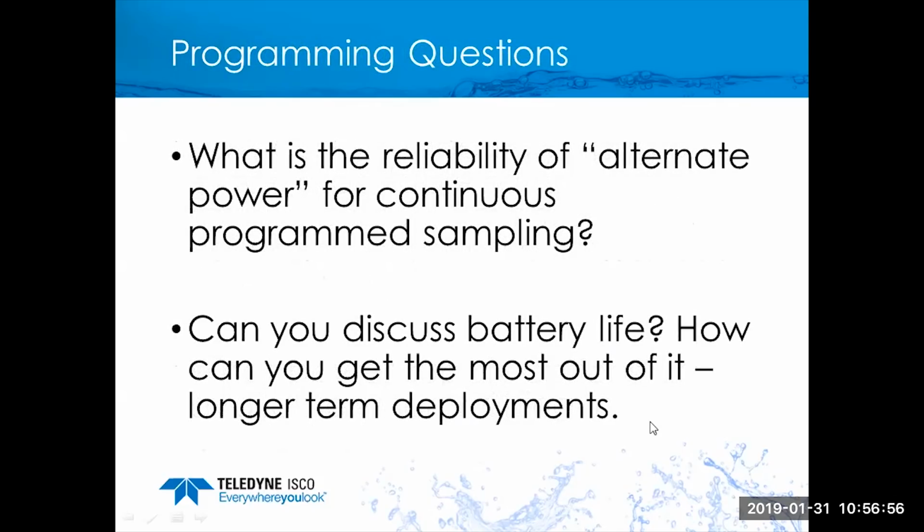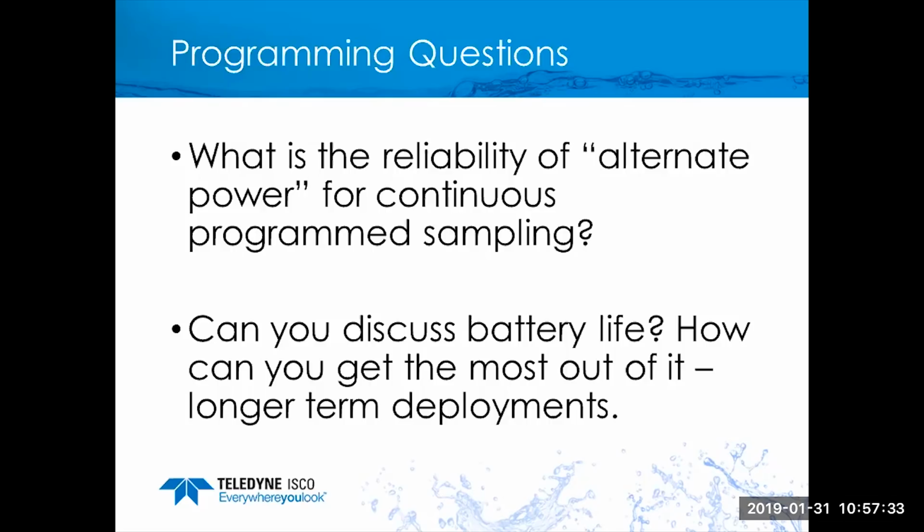I'm going to leave the top question alone for now, the reliability of alternate power, because it's somewhat of a nebulous question. But I'll just say that we can power our systems from any 12-volt source, regardless of what that 12-volt source is. But the next question is a little more pertinent in nature about discussing the battery life. How can we get the most out of it? Well, regardless of what application condition we're in, the size and capacity of the battery is very critical in being able to answer that question.